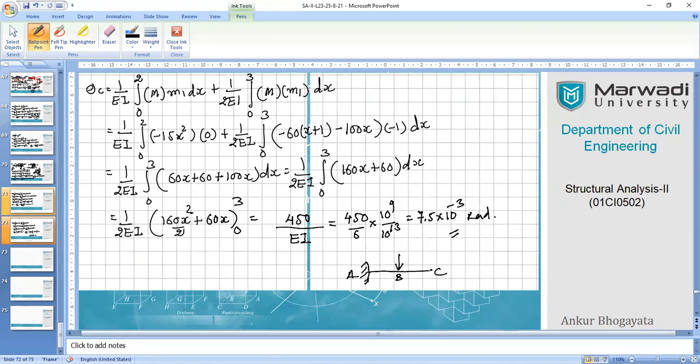You have plenty of methods to determine the value of theta C now in your pocket. So apply them one by one and try to compare the answers. The answer will be the same by and large, because the final answer has to be common. So delta C will be the same, but the method will be different.